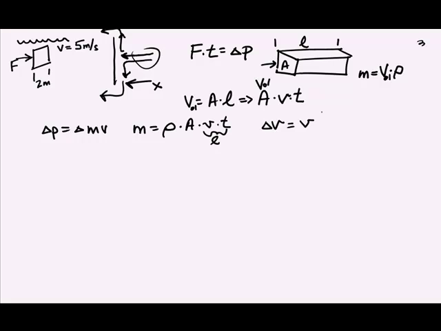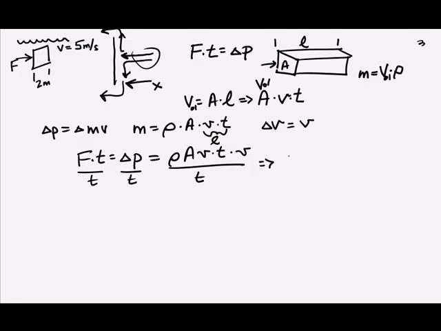Let's see if we can put this all together now. I know that Ft is equal to delta P, which is rho A V times t times V. The question here is how much force is required. Let's divide each side by time.